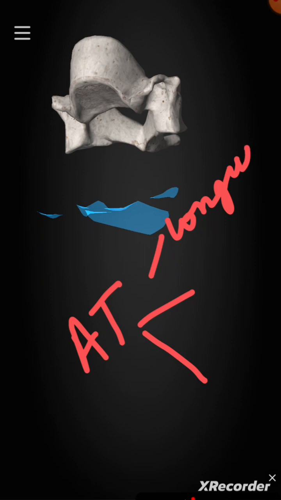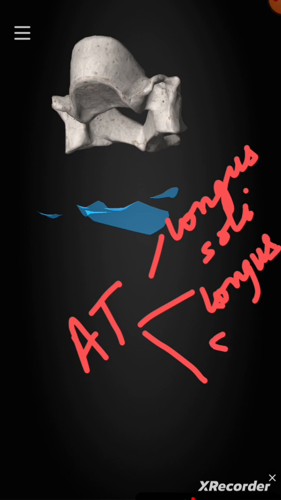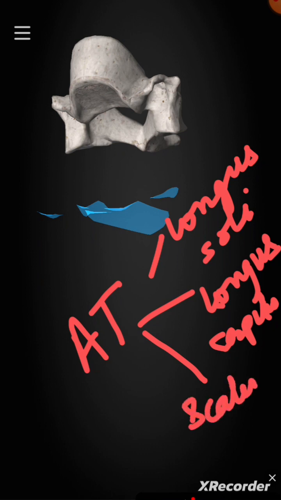The muscles are longus colli, longus capitis, and scalenus anterior.